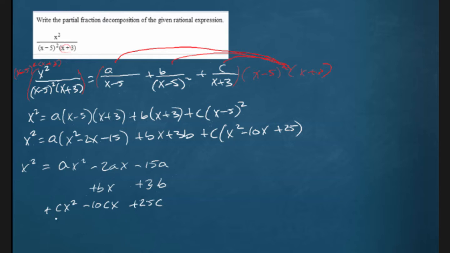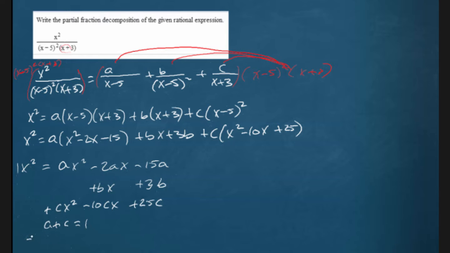And now this is going to give us a system of equations, because all we have in terms of quadratic terms over here on the right is Ax squared plus Cx squared. And if that's equal to x squared with an understood 1 out front, that tells us that A plus C must equal 1. Then we have minus 2Ax plus Bx minus 10Cx over here on the right, but we have no linear term over here.